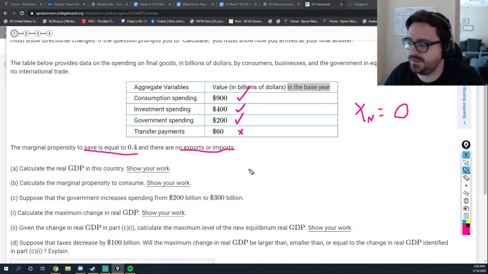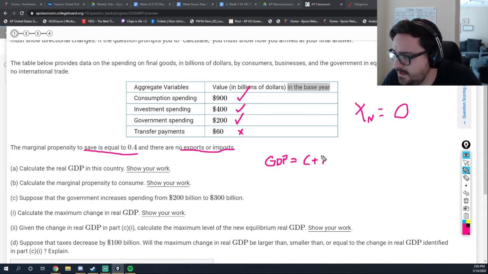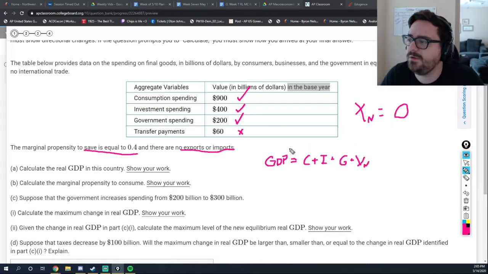And the way you do that is a couple of ways, but in this case, the way that I would do it, because it's based on the numbers that you're given, is that GDP equals, and this is actually the same formula for our aggregate demand, C plus I plus G plus XN, which, hey, we've got those.